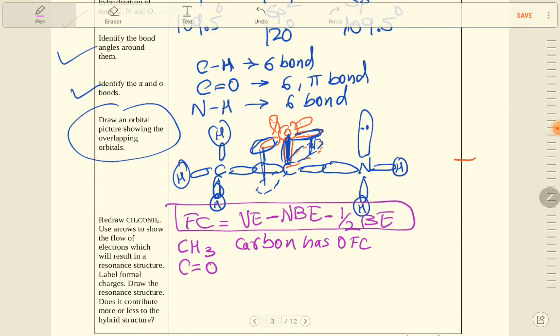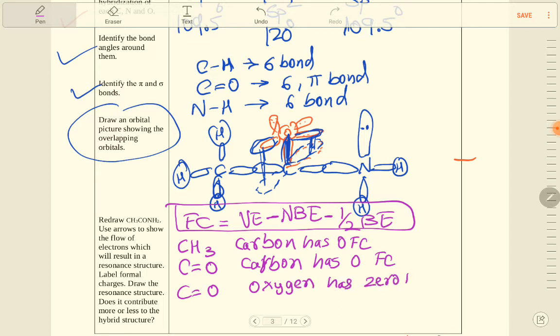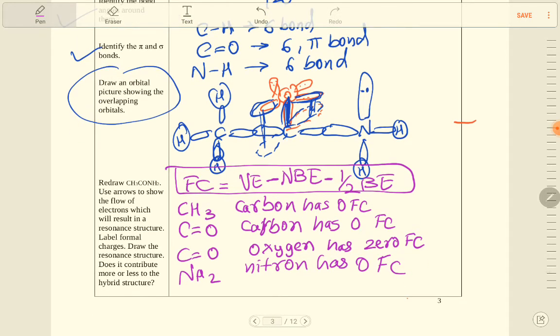In C double bond O, carbon has 0 formal charge, and oxygen has 0 formal charge. Again, you can calculate in NH2: nitrogen has 0 formal charge. So again, you need to plug and chug in that formula.